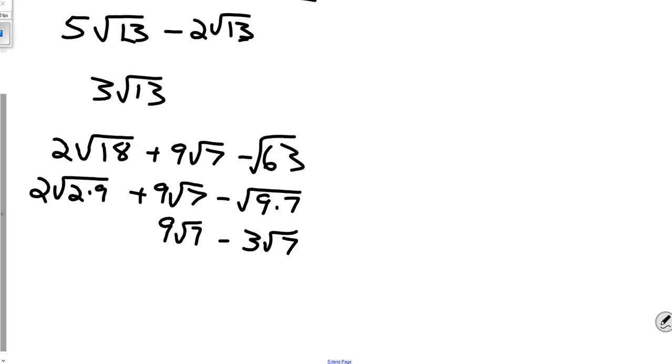And then this one here, square root of 9 is 3 again. So when I bring the 3 out, it becomes 6. Everyone's kind of remembering this now? So it'd be 6 radical 2 plus 6 radical 7. 9 take away 3 is 6.